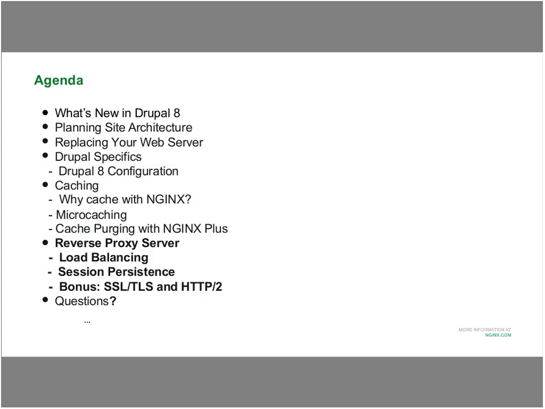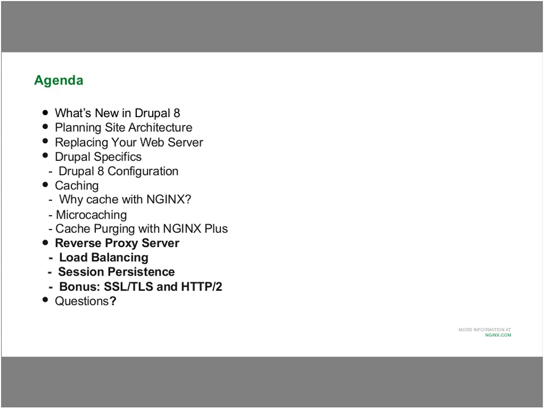All right, so that does it for caching. I want to talk a little bit about using NGINX as a reverse proxy. Floyd talked a lot about replacing Apache with NGINX, and there are a lot of performance benefits from doing that. But it might not always be possible to do that for various reasons.